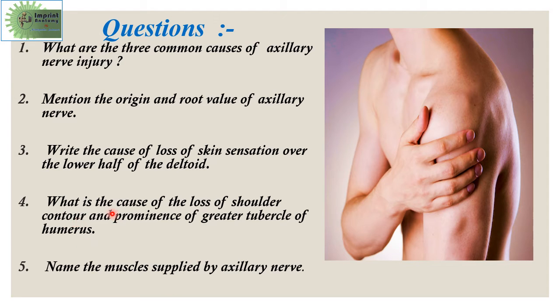Then, what is the cause of loss of shoulder contour and prominence of the greater tubercle of the humerus? And also can be asked, name the muscles supplied by the axillary nerve. These questions can be asked based on this case. So let's see the answers or the solution of these questions.